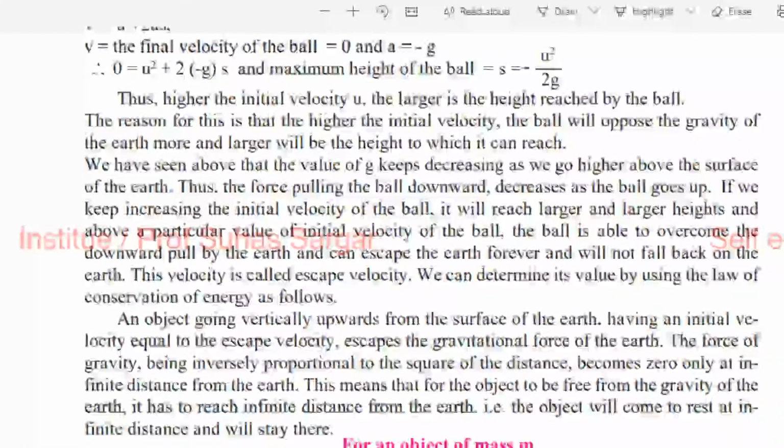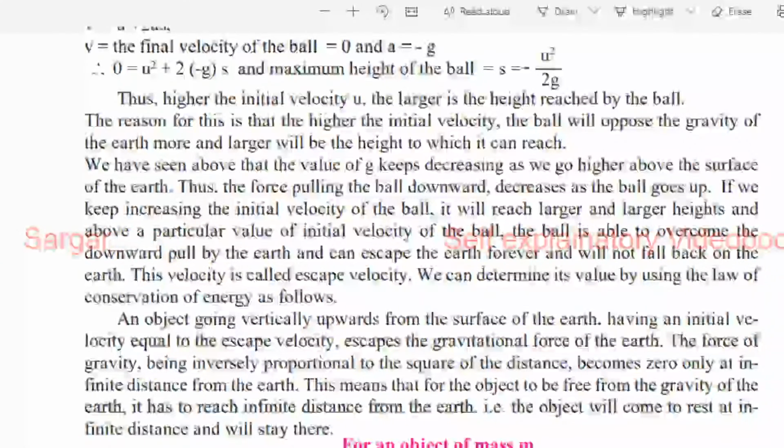We can determine its value by using the law of conservation of energy as follows. An object going vertically upwards from the surface of the earth, having an initial velocity equal to the escape velocity, escapes the gravitational force of the earth.